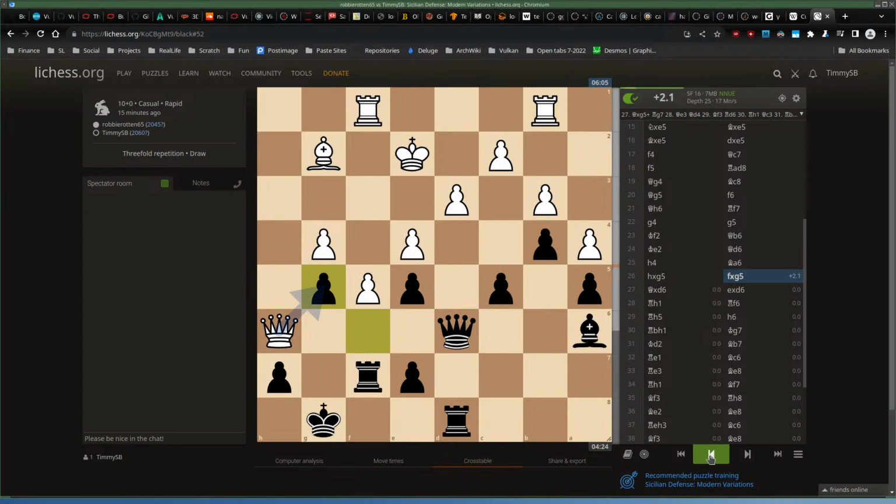White is better, but the exchange screen's giving me a draw. And I guess I should be happy.